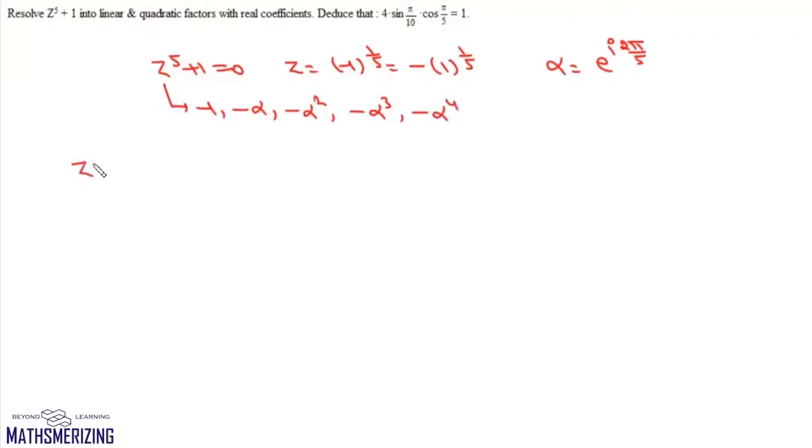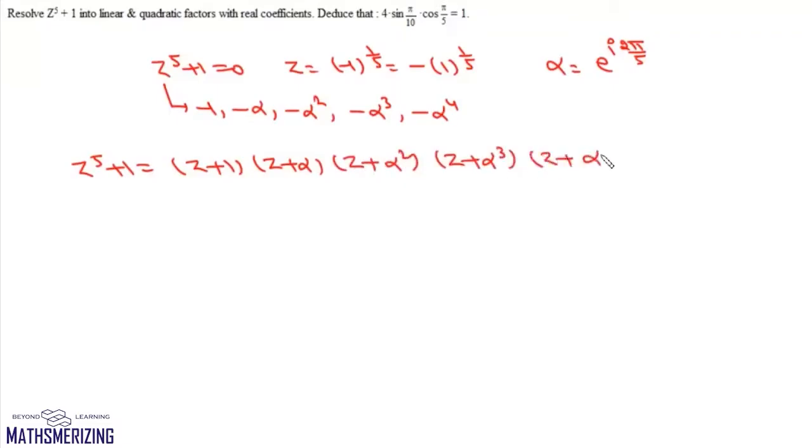So we can write z⁵ + 1 as (z + 1)(z + α²)(z + α³)(z + α⁴). Alpha to the power 4, which is 1/α, we can write as alpha bar, and alpha cube is alpha bar square.